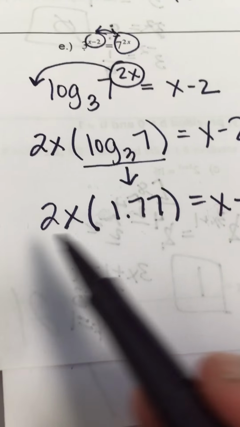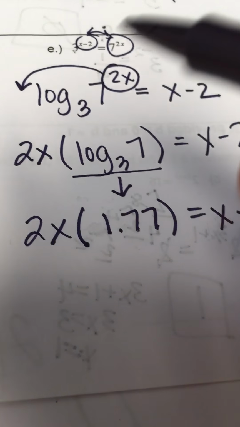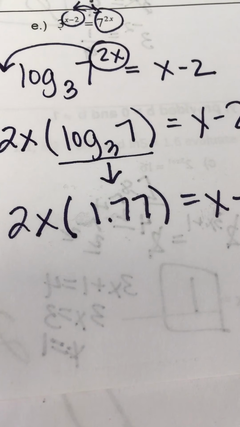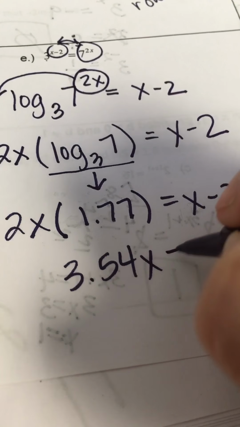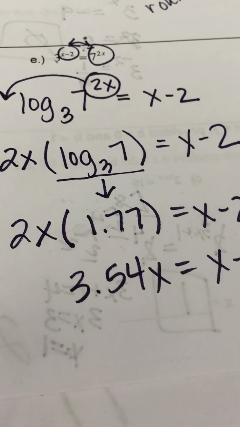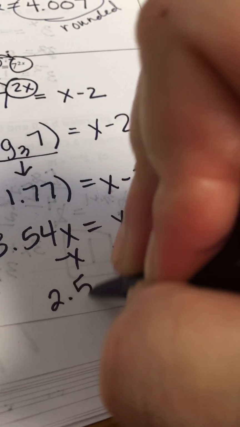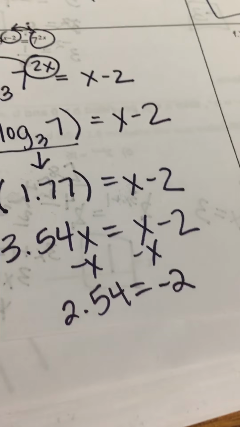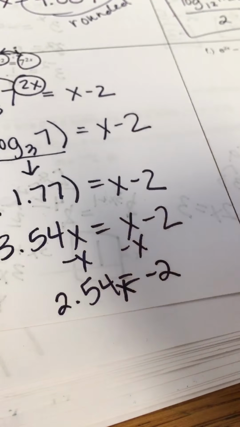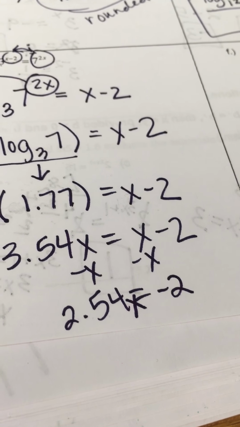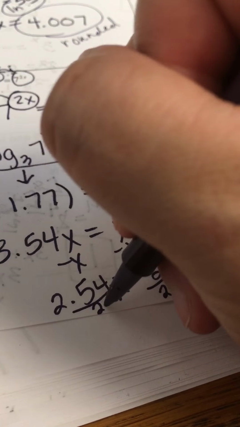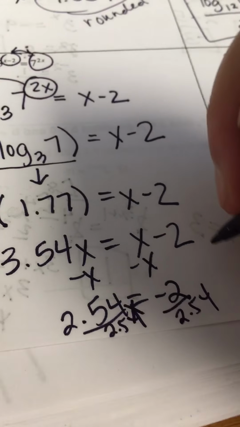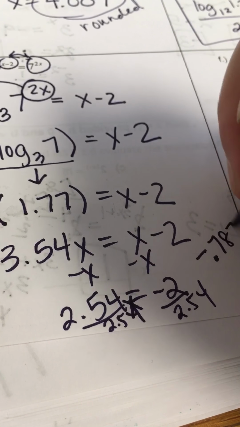And now I just kind of do the problem a little bit more algebraically. 2 times that is 3.54. Subtract x is 2.54. Oops, x, sorry. And then divide: -2 divided by 2.54 is -0.787.